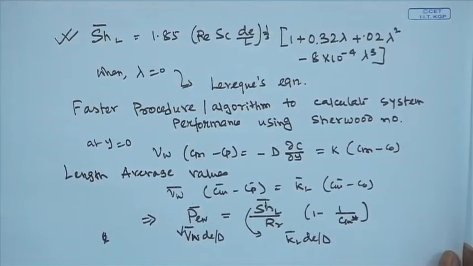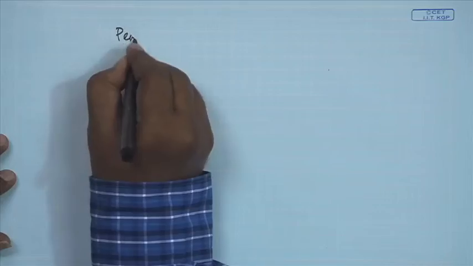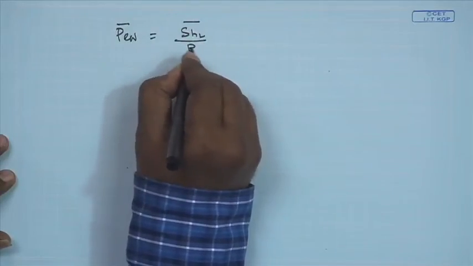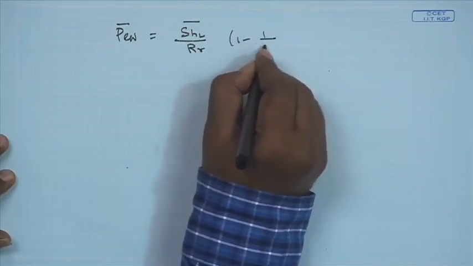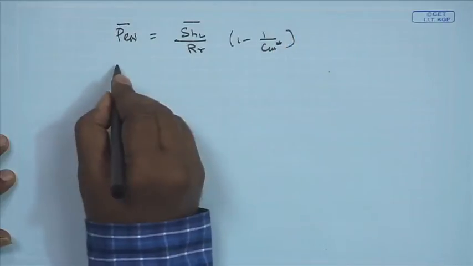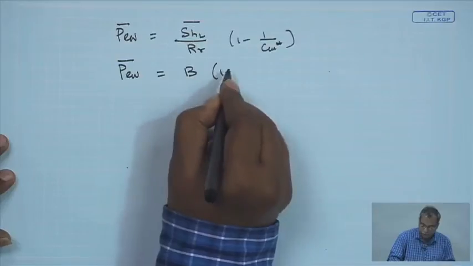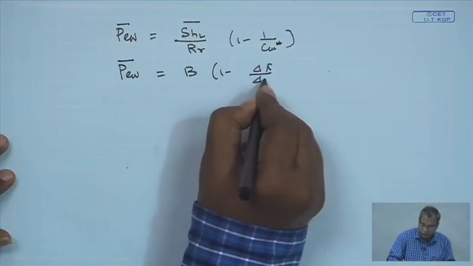So, you will be having the length average permeate flux expression, Pw bar is equal to Sh bar divided by RR times (1 minus 1 by Cm star), and we have the osmotic pressure model, Pw bar is equal to B times (1 minus delta pi by delta P).